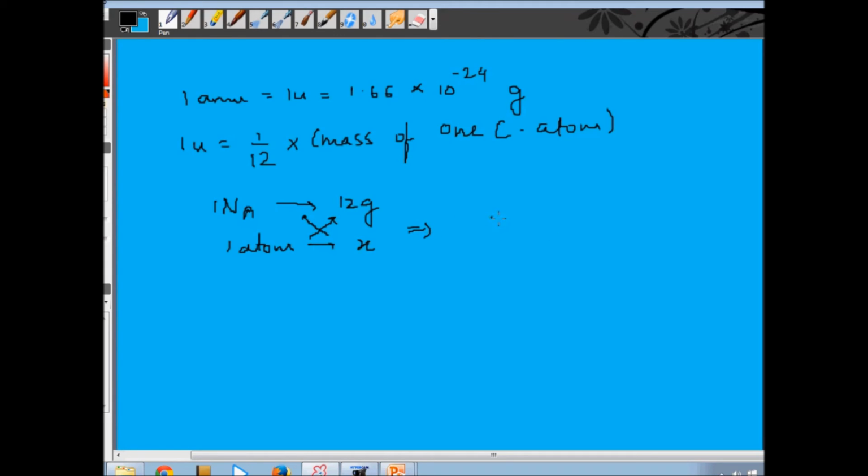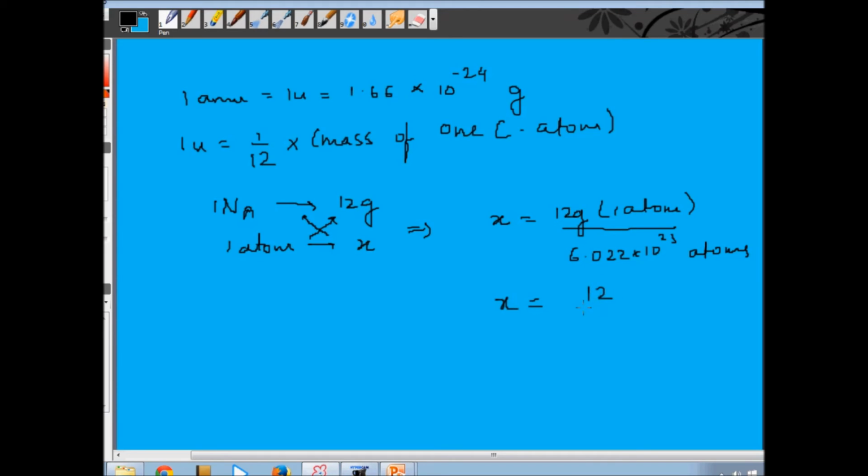I use the unitary method. So this gives me that X is equal to 12 gram multiplied by 1 atom divided by 6.022 into 10 to the power 23 atoms.